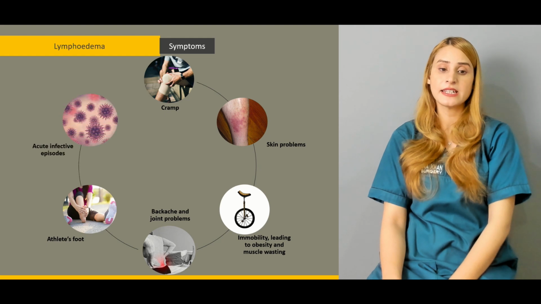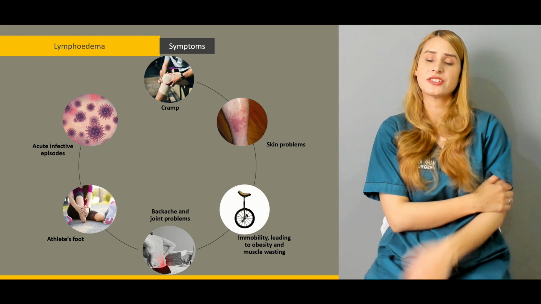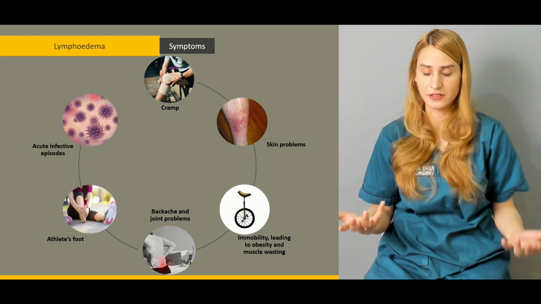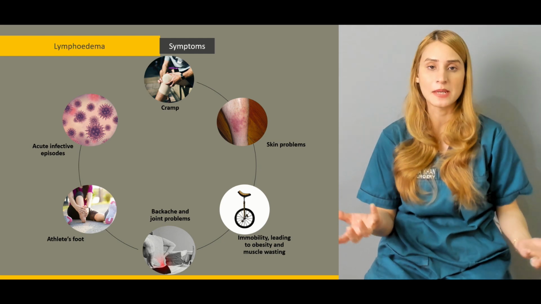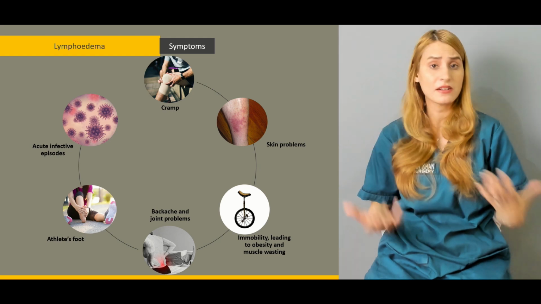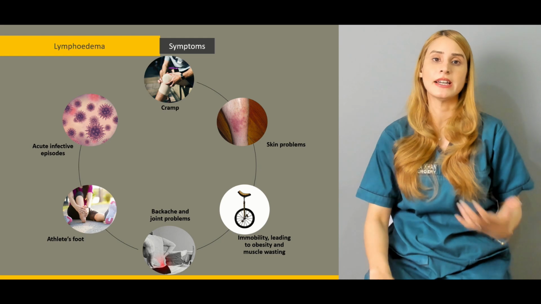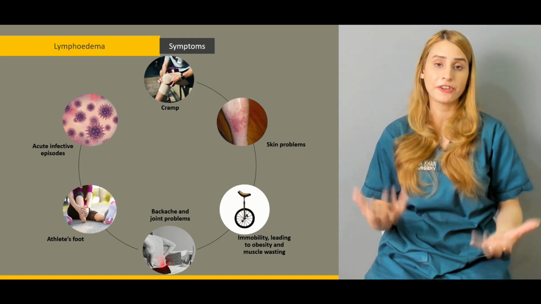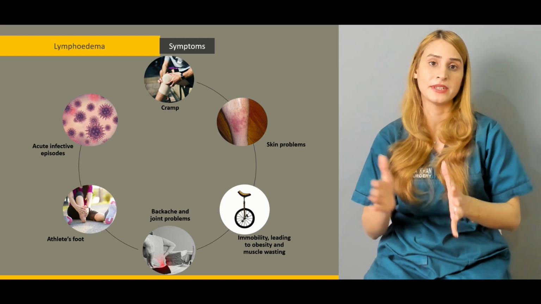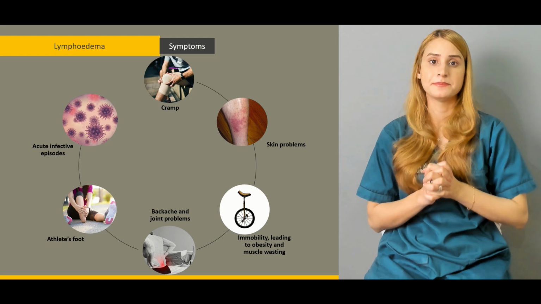There can be athlete's foot, and there can be acute infective episodes. Not only is the patient going to tell you that he developed the swollen limb, but sometimes there's hardening and their skin changes because there's a lot of extensive fibrosis. So because of that, there can be dermatosis, and there can be dermatophytosis along with the swollen limb, and you have to investigate all these things.